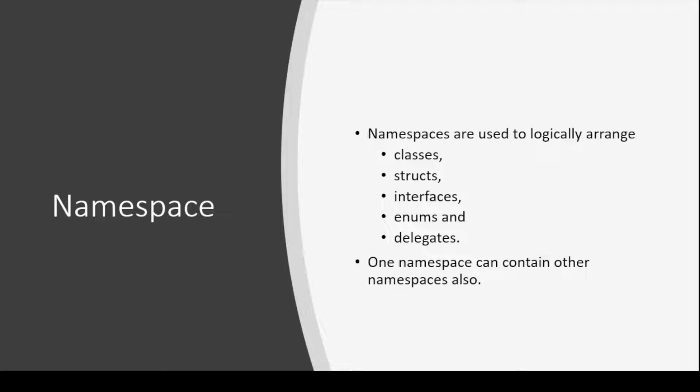The .NET framework already contains several standard namespaces like System, System.Net, System.IO, and so on. In addition to these standard namespaces, the user can define their own namespaces.